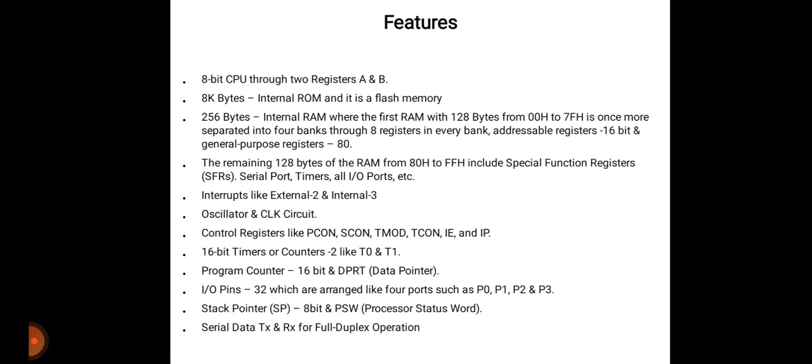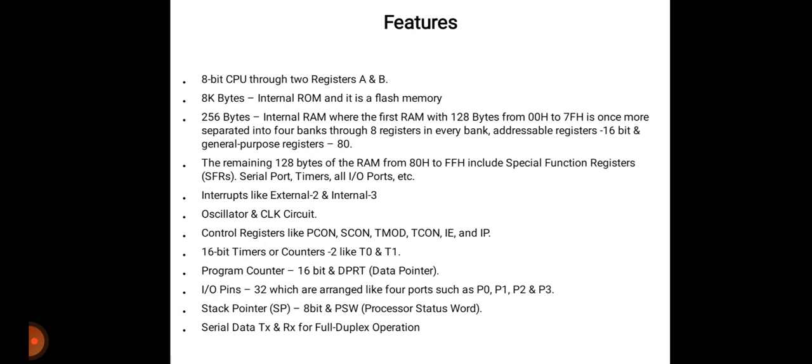Then next is 256 bytes of internal RAM, where the first RAM has 128 bytes from 00H to 7FH, and is further separated into 4 banks with 8 registers in every bank. There are addressable registers that are 16-bit, and general purpose registers, that is 80.